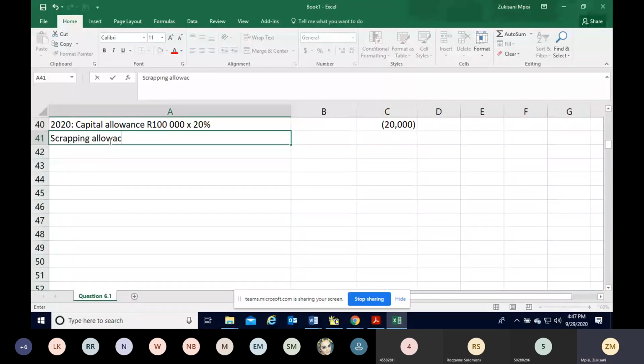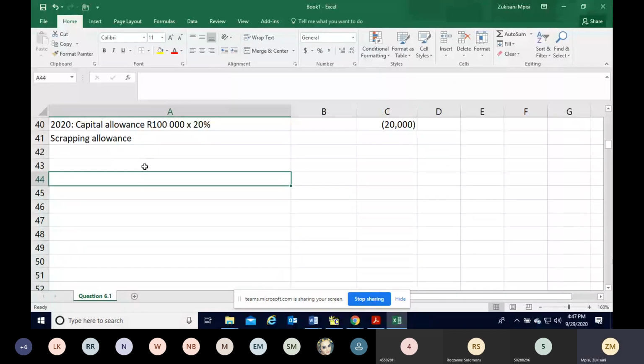So how do we calculate scrapping allowance? This is provided for you, very nicely summarized as the last allowances that you are looking at in terms of how you calculate the scrapping allowance. So there is a nice breakdown that is provided.